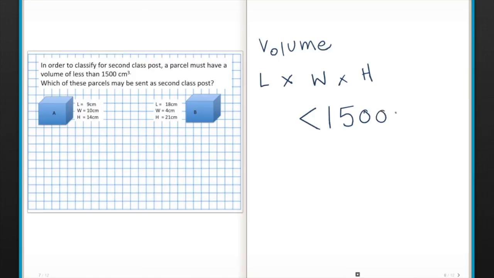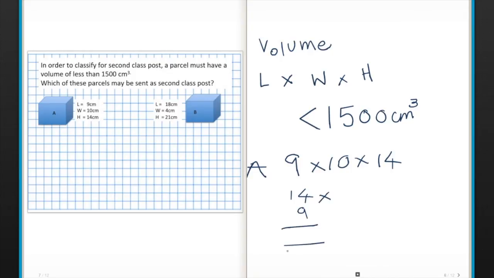So we've got to work out the volume of each of them and check that it is less than 1,500 centimetres cubed. So parcel A equals 9 times 10 times 14. Well, I'm going to do 9 times 14 and then times the answer by 10. So 14 times 9. 9 fours are 36. 9 ones are 9, add 3 is 12.